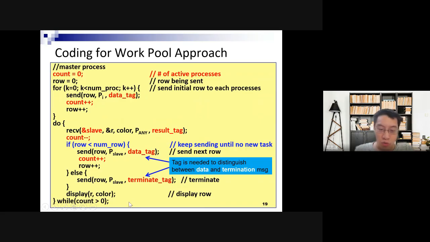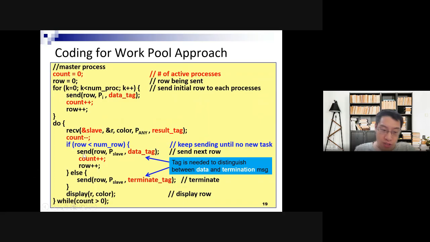And then you have a for loop to wait for the result returned from the slaves. Okay, and whenever it receives a result, it tries to send the next task to the slave, right? And the row needs to plus one because that means you're going to send out the next task, right?